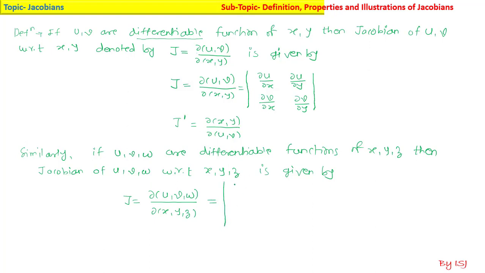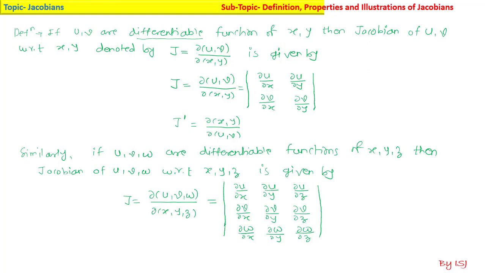The first row is ∂u/∂x, ∂u/∂y, ∂u/∂z, then the second row is ∂v/∂x, ∂v/∂y, ∂v/∂z, and the last row is ∂w/∂x, ∂w/∂y, ∂w/∂z. This is a 3 by 3 determinant, you can see.